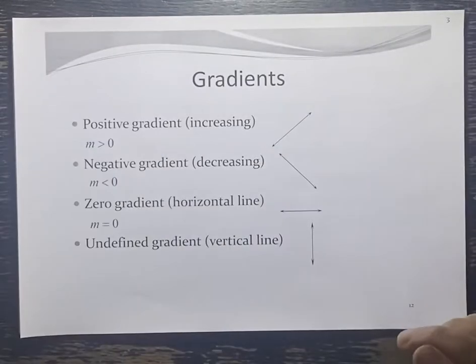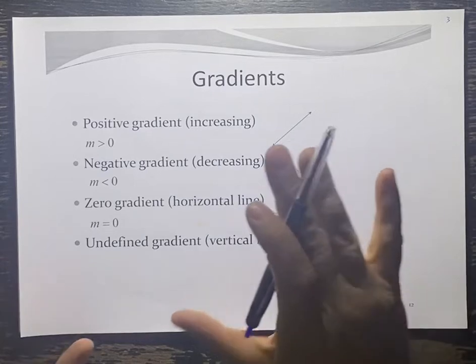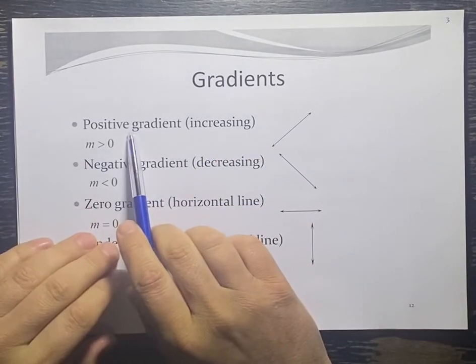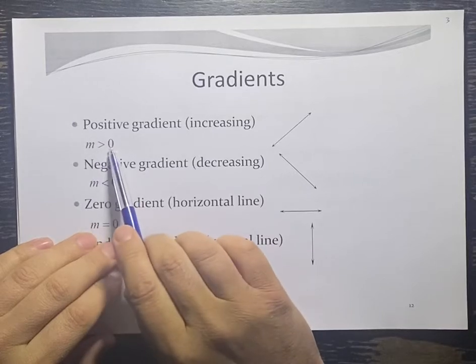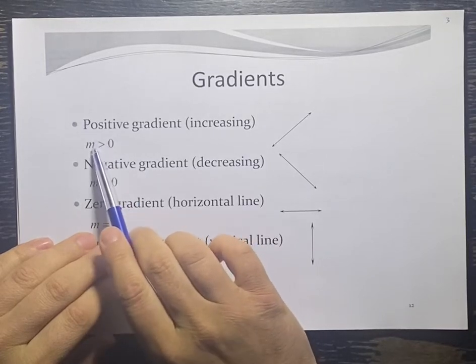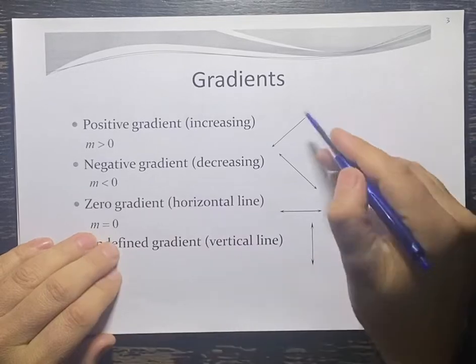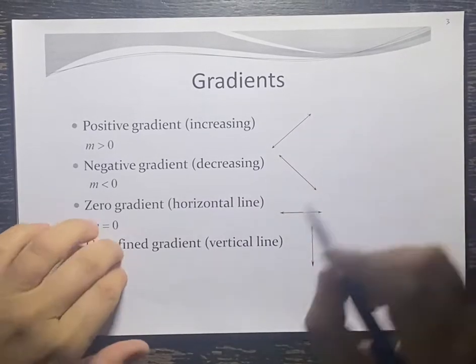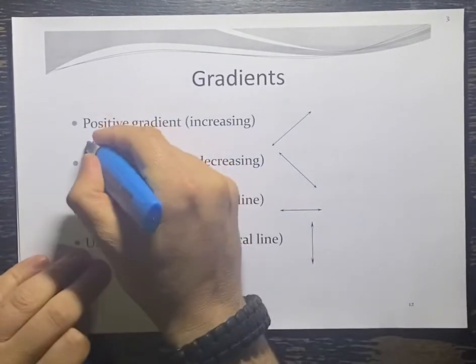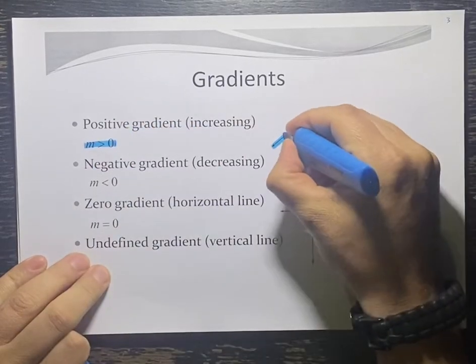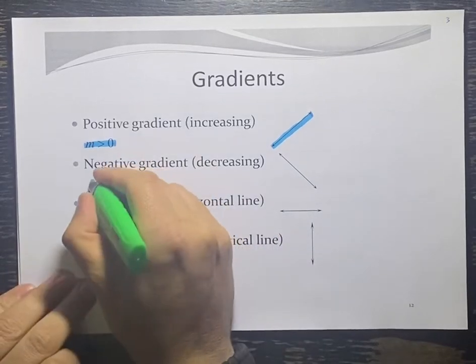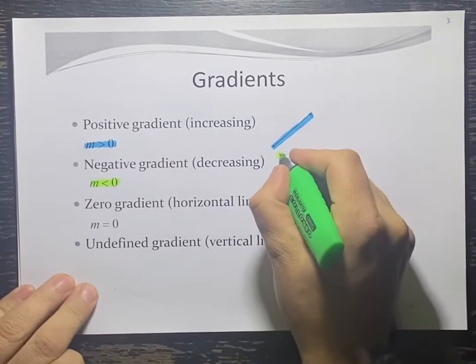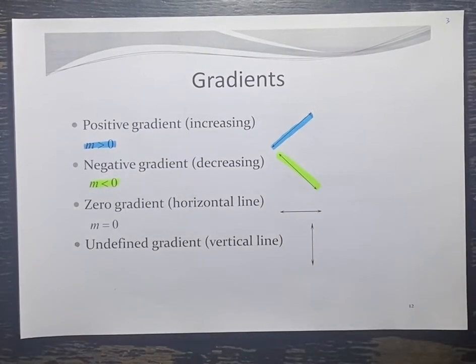Now, you can get this down for me. A positive gradient, in other words an increasing line, is where m is greater than 0. That just means that your gradient is positive because it's bigger than 0. If you have a positive gradient, your line goes like that. If you have a negative gradient, in other words if your m is less than 0, your line is going to be going in that direction.